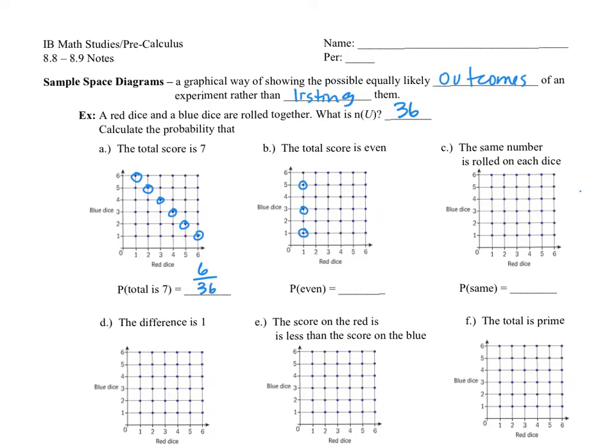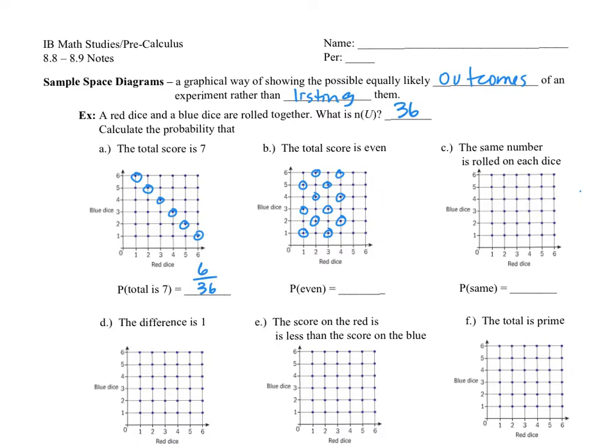Then when I roll a red 2, I'll get evens if I roll a blue 2, a blue 4, and a blue 6, so I'll circle those. When I roll a 3 on red, I'll get an even outcome when I roll a 1 on the blue, a 3 on the blue, a 5 on the blue. When I roll a 4 on the red, I'd get an even outcome when I roll even blues.